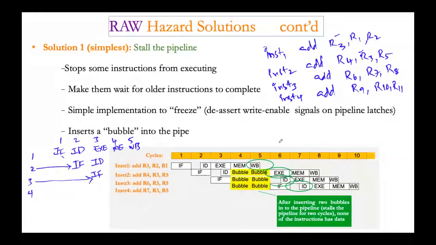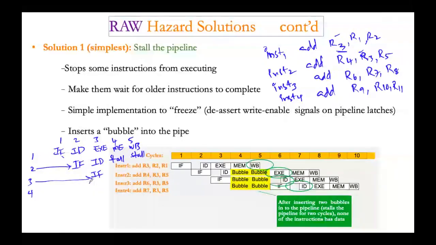In the instruction decoding, the second instruction reads R3, which is written by instruction 1. So here it becomes a stall. And in the write back stage also, it waits until it is written, that is a stall.